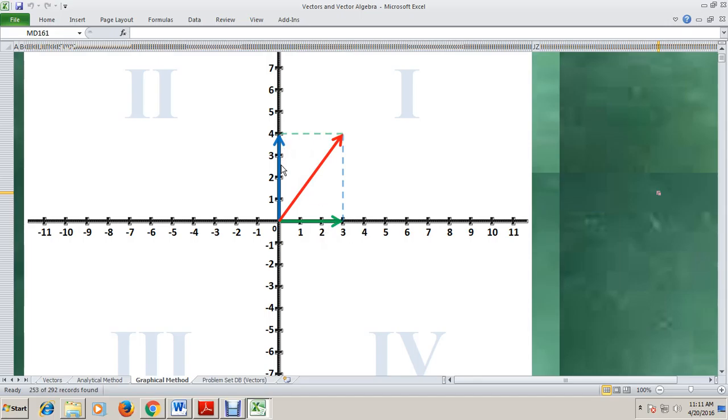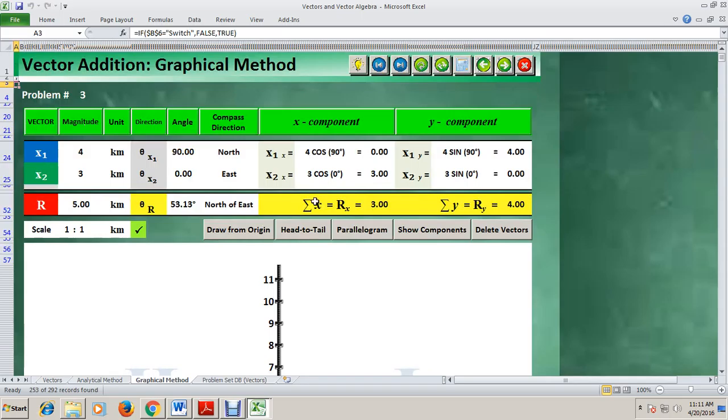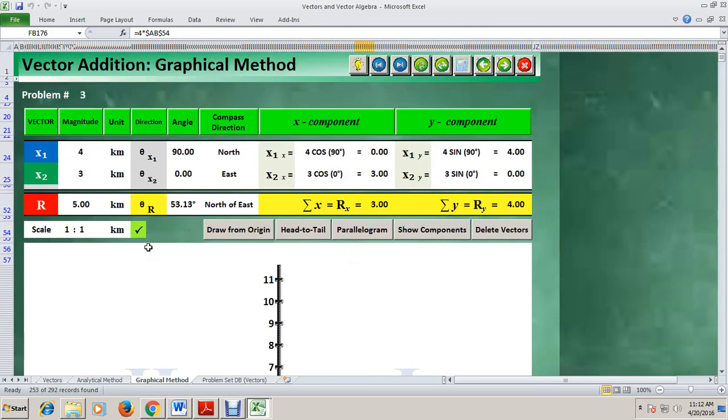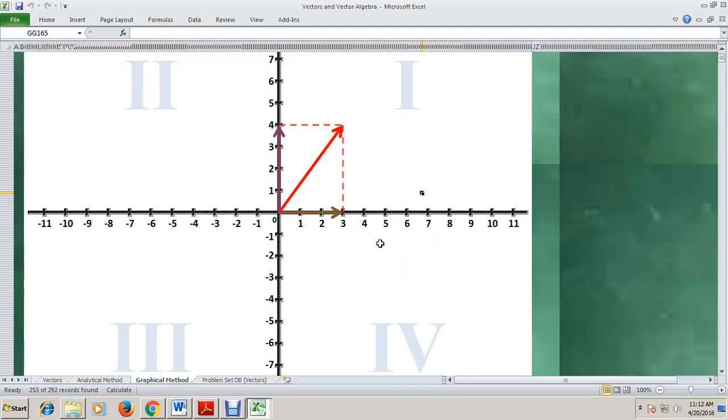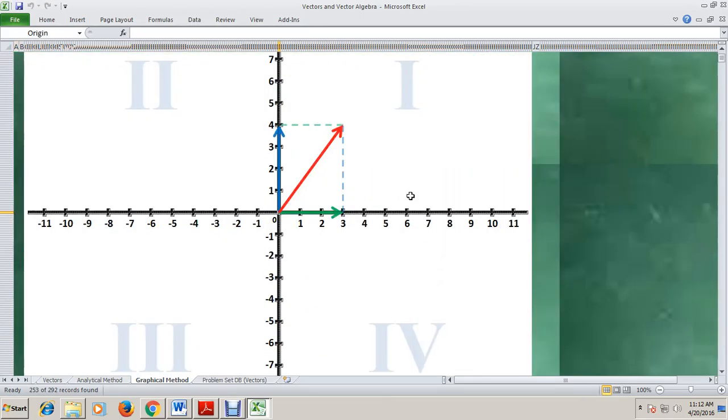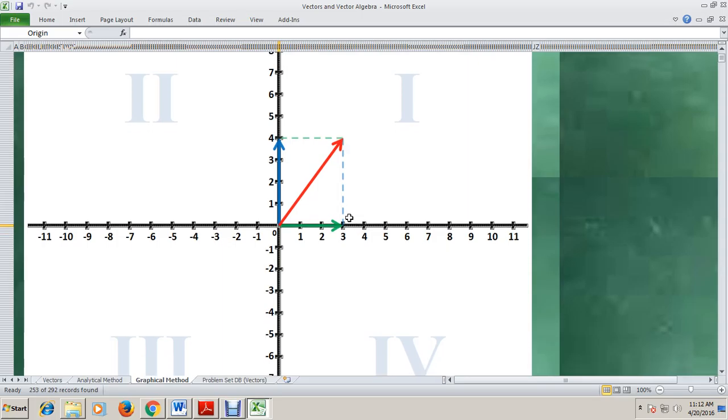Now, looking at this from a different perspective, if you draw the two lines in such a way that they form a right triangle, and we move this blue arrow to this side of the drawing, we will have this right triangle as our figure.